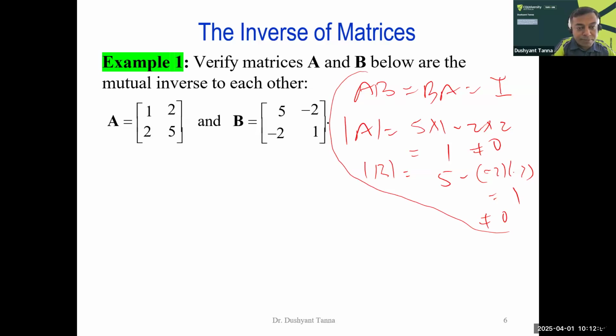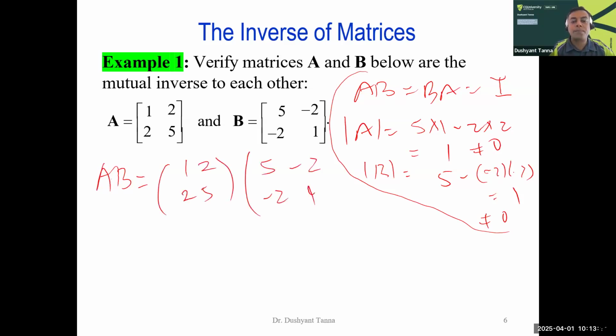So A times B is what we are interested in. A is 1, 2, 2, 5, and B is 5, minus 2, minus 2, 1.